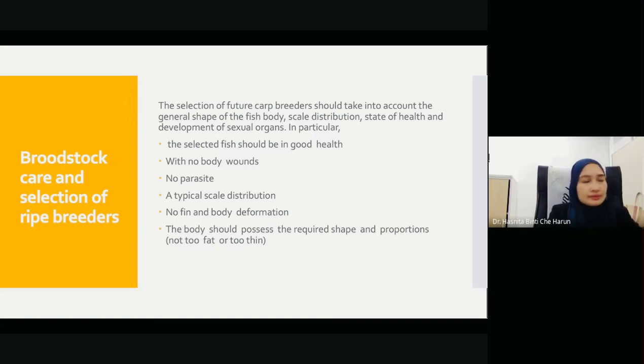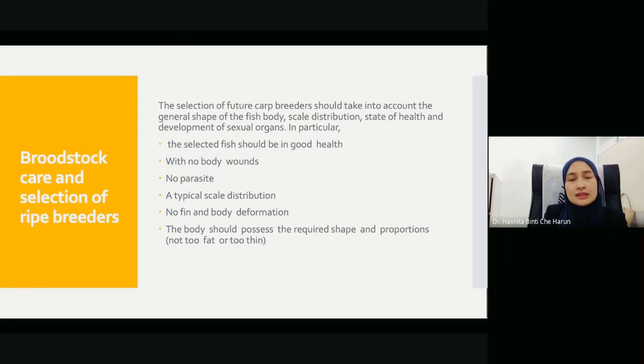So if you need to select the breeders, you need to make sure that the fish is in good health condition, that have no body wound, no parasite detected, and also have a typical scale distribution.